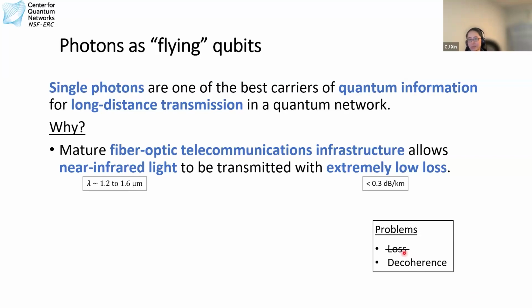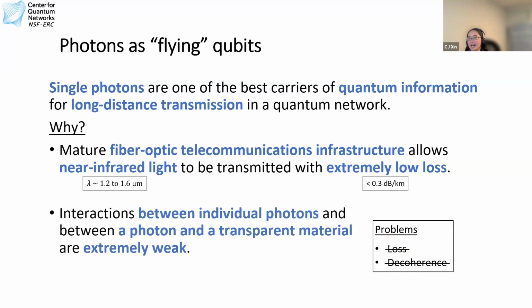So that takes care of the problem of loss. What about the problem of decoherence? Well, it turns out that interactions between individual photons, and also between a photon and a transparent material, are extremely, extremely weak.